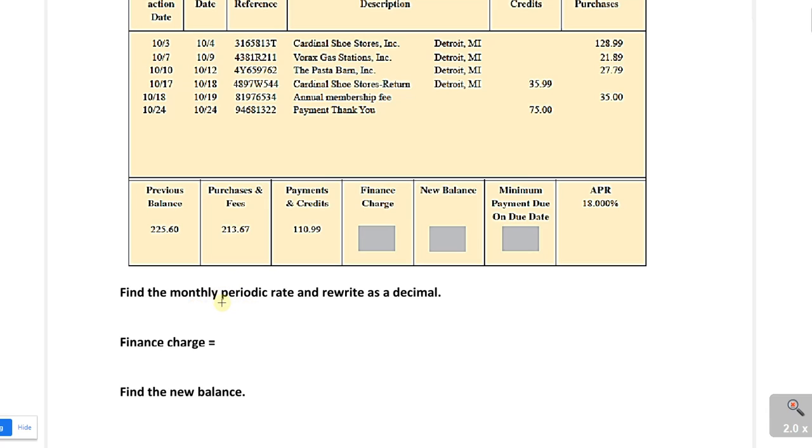The monthly periodic rate is we take our APR, 18%, divide it monthly, so divide it by 12, and we get 1.5%. Change it to a decimal, we get 0.015.